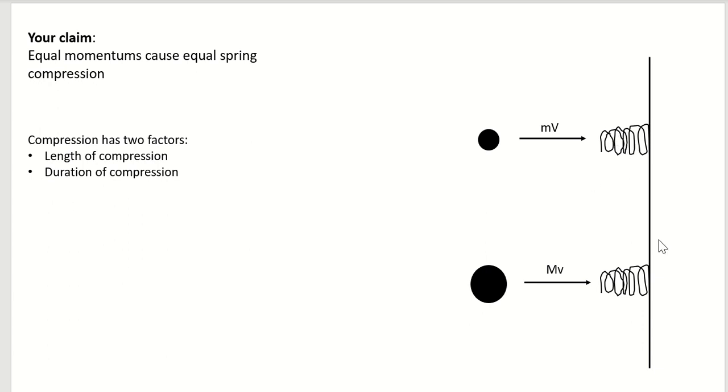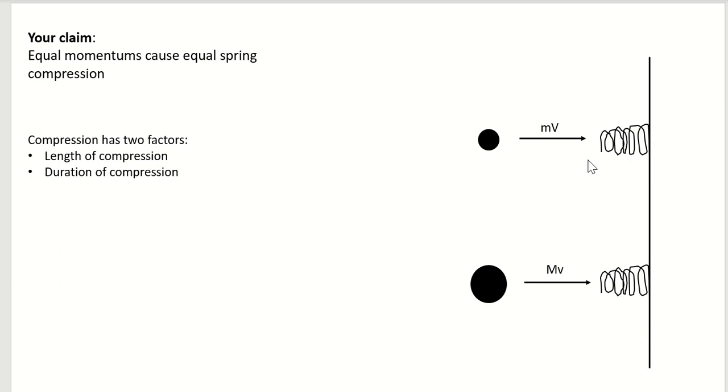Here we have two identical springs, two objects with different masses and velocities but equal momentums. They hit the springs and compress them. And if we assume that the length of the compression is the same, we have to conclude that this faster object does everything faster. It compresses the spring faster, releases the spring faster.